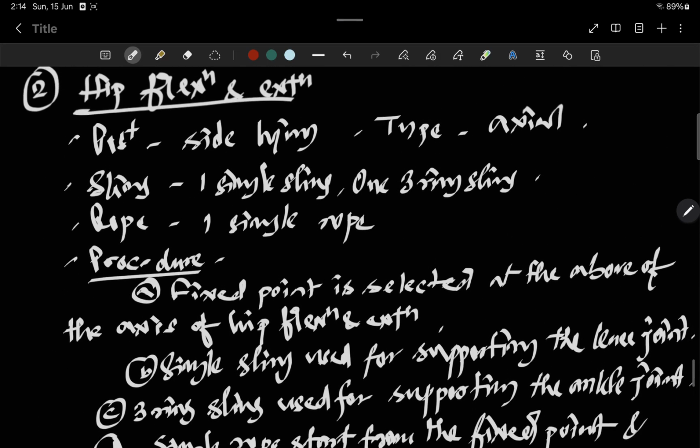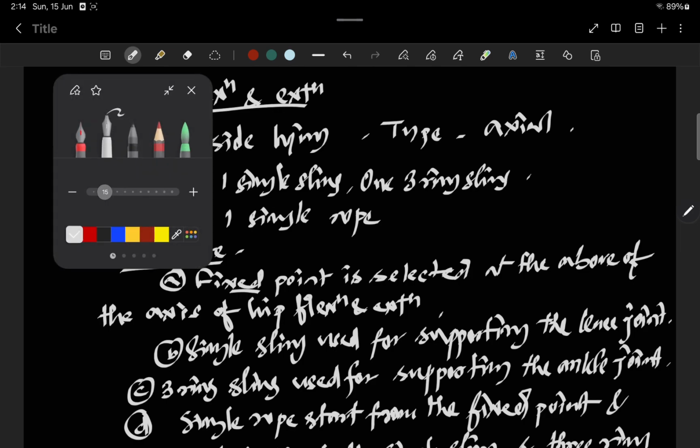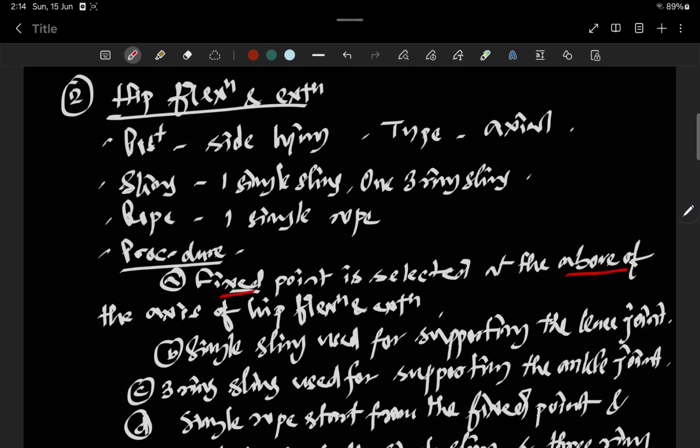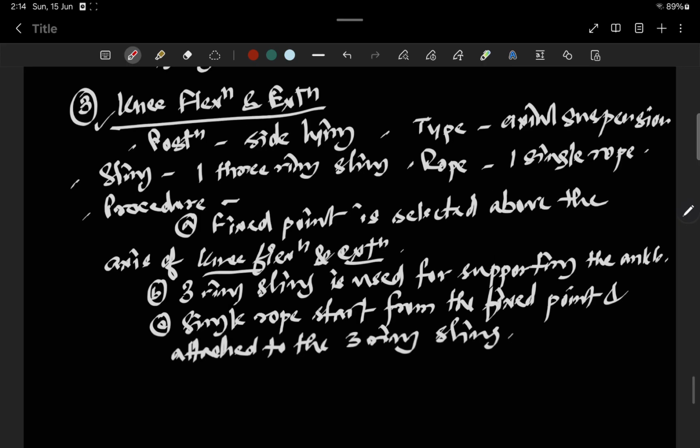In case of hip flexion extension the fixed point is selected above the axis of the hip flexion extension.